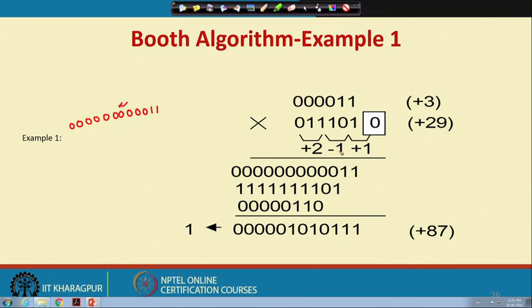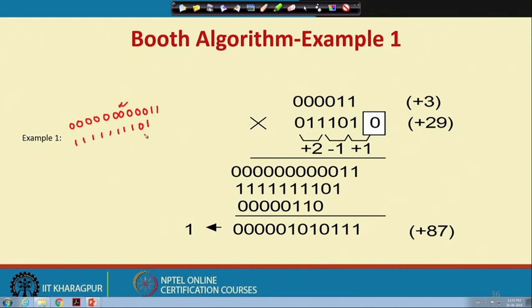For negative of this, it will be the 2's complement of this number, and that will be 2 bits shifted. So the 2's complement of this number is 1, then 0, then all 1. But as this bit is 1, all the 1s will be shifted to the corresponding MSB side.